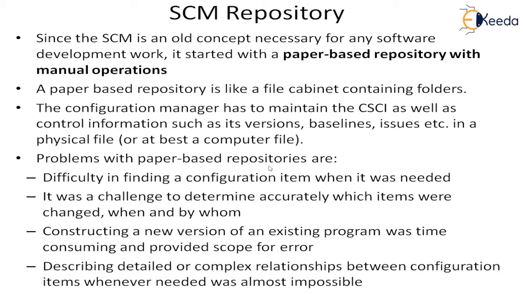When you want to find any item, it creates a lot of difficulty because it is all in manual form, in sequential computer files or in paper-based repositories, and they will be detached information because there are so many types of information to be kept in the repository.